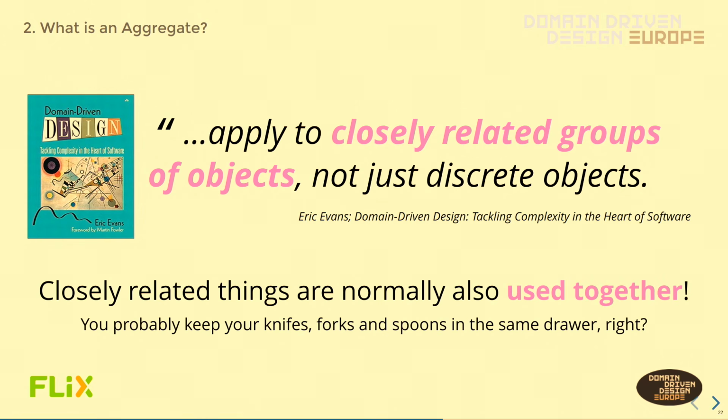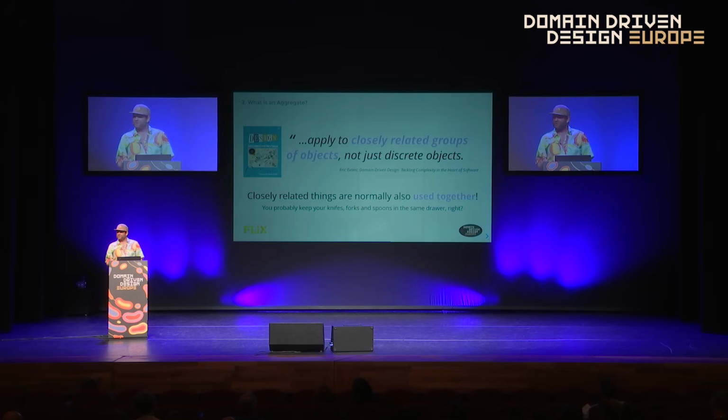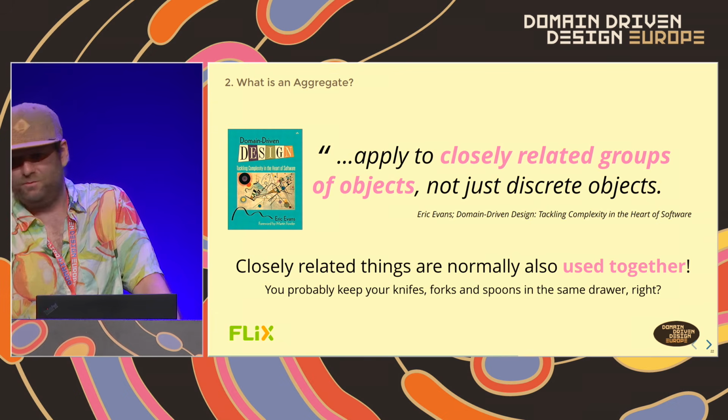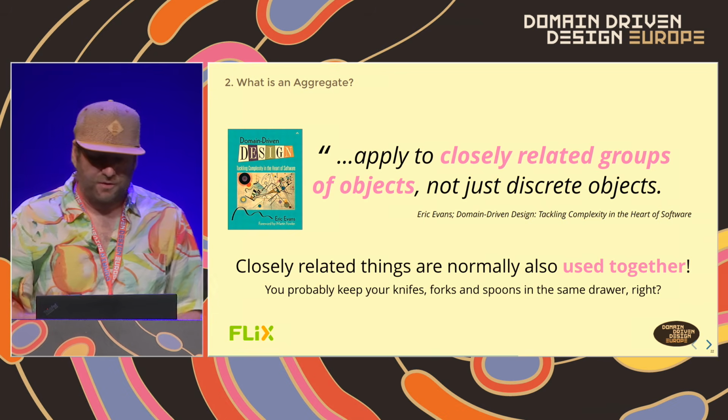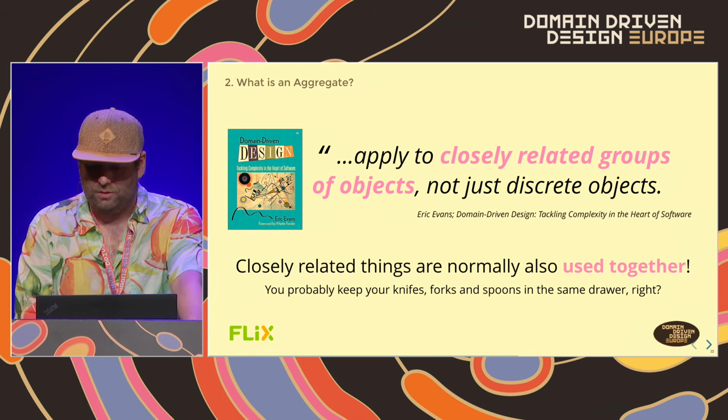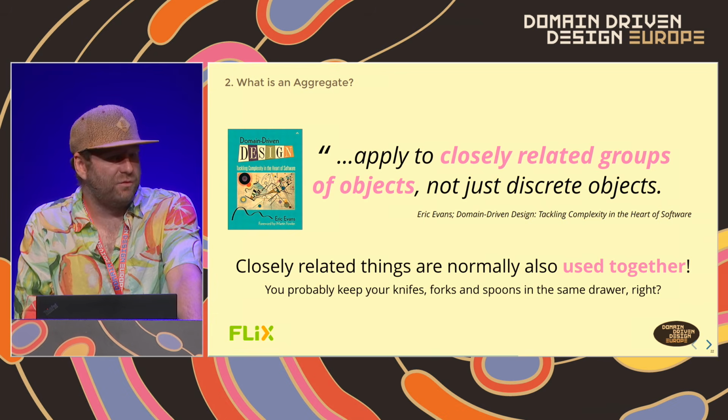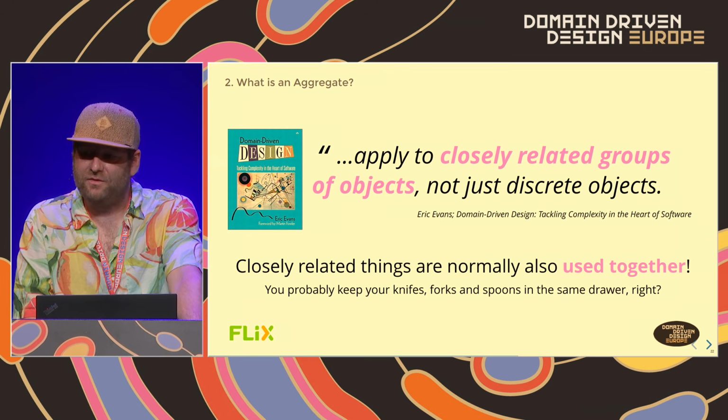So closely related things are normally used together, right? Imagine your knives and forks and spoons, the cutlery. You probably have them in the same drawer in your kitchen, right? You probably don't put the forks in the living room and the spoons somewhere in your children's room, under the bed. You put them together. The same applies to software systems, and the same applies to aggregates.